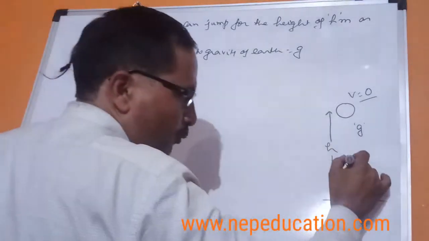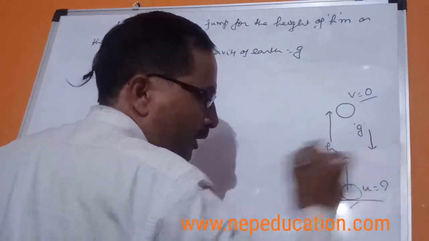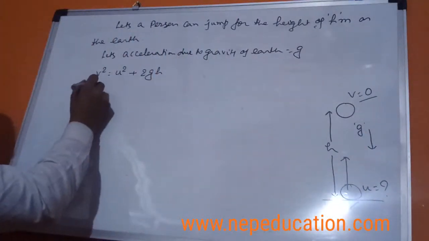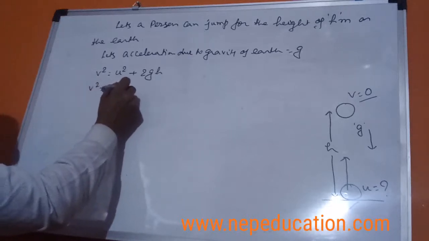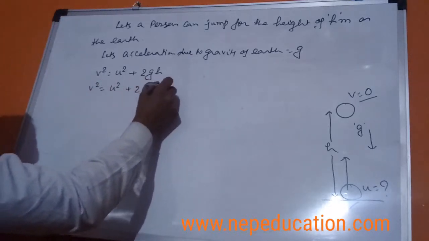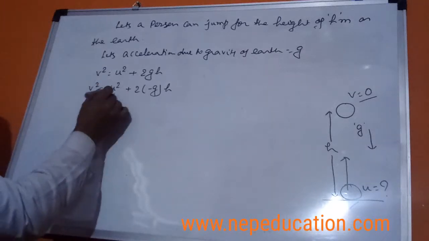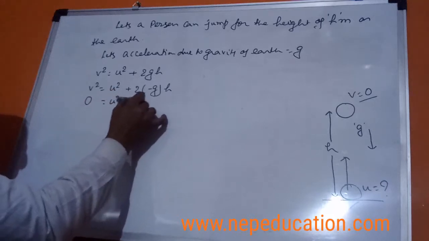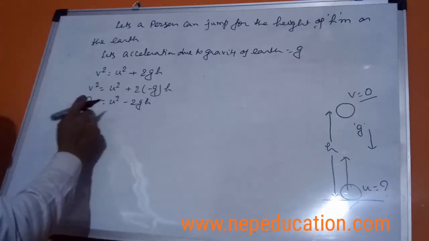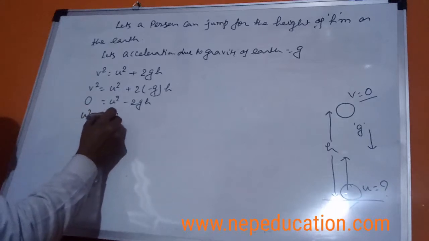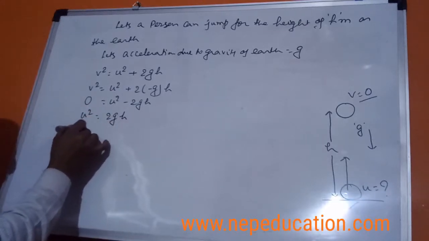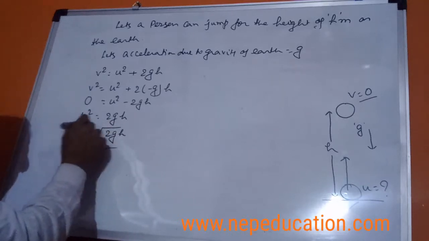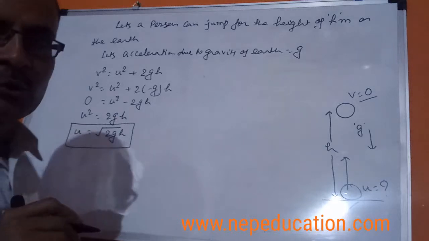But here the motion is upward and gravity is downward, so g must be put as minus. So v square equals u square plus 2 into minus gh. Since v is 0, u square equals 2gh, or u is equal to square root of 2gh.